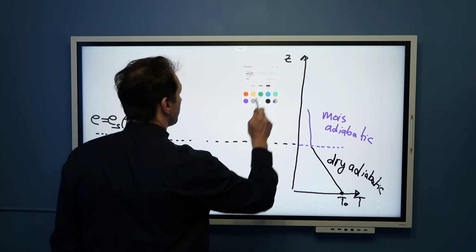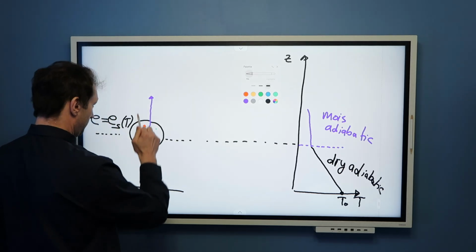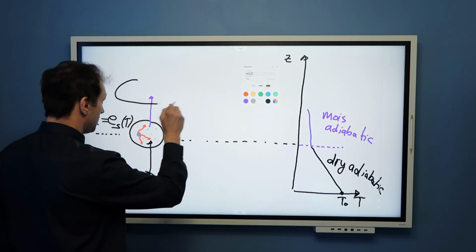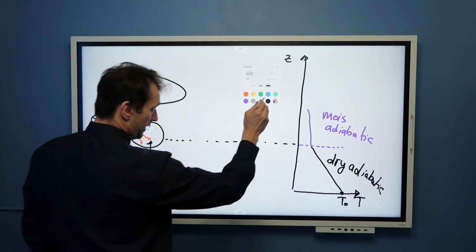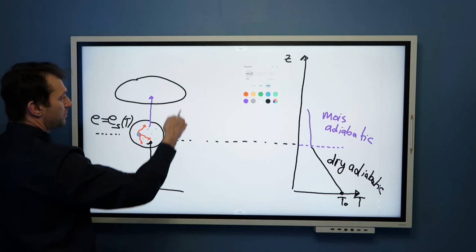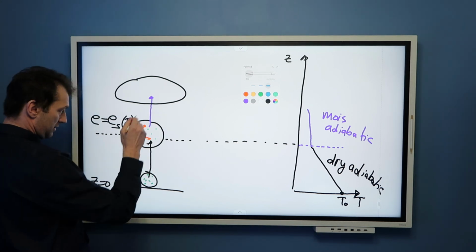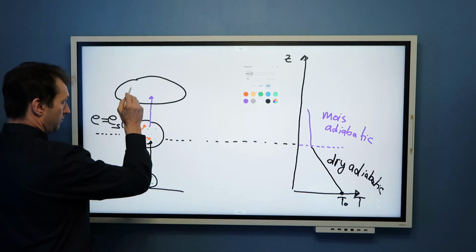Now let's keep moving this air parcel up. So later it might end up being here, volume increased. And let us now assume that all water vapor during this ascent condensed, and there is no more water vapor.